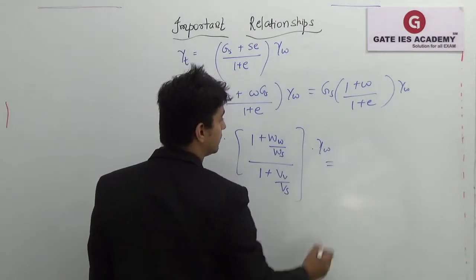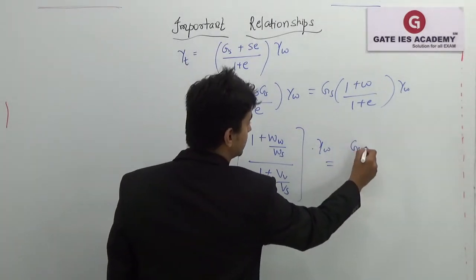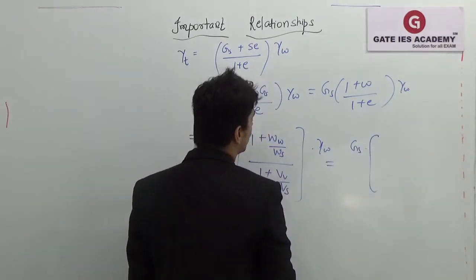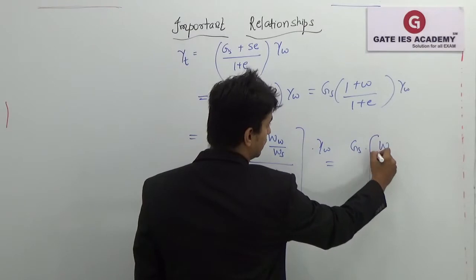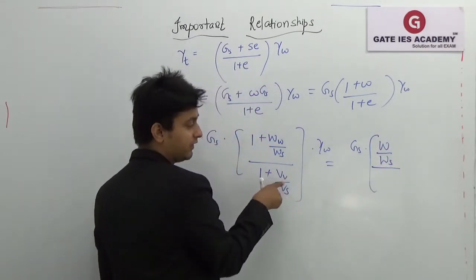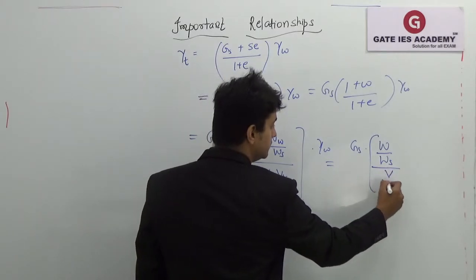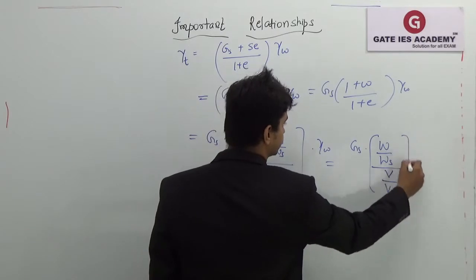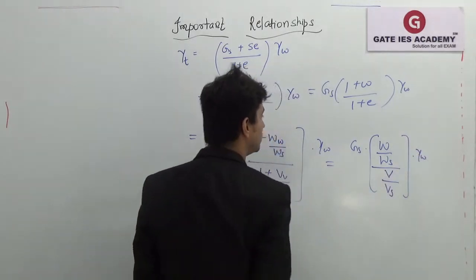So this will be nothing but equal to Gs into Ws plus Ww, which will be the total weight, upon weight of solids, divided by Vs plus Vv, which will be total volume, divided by Vs, into γw.